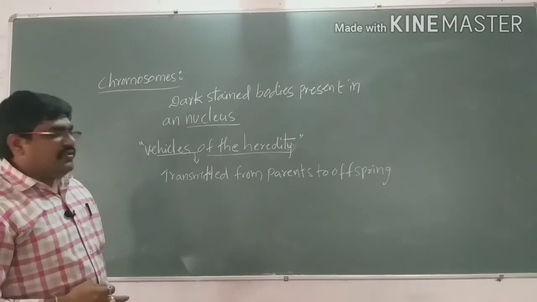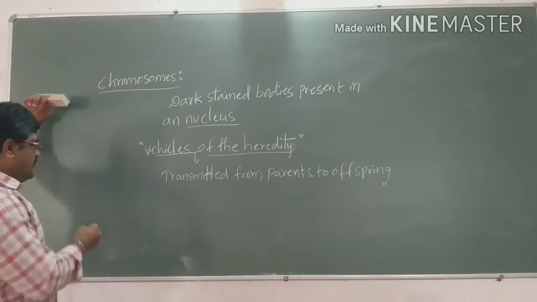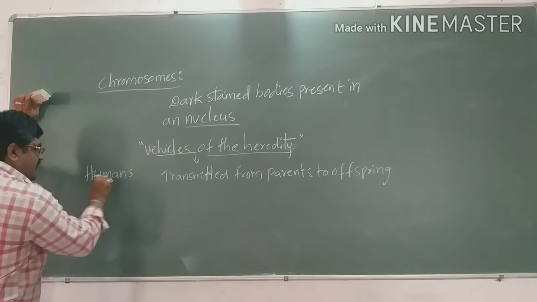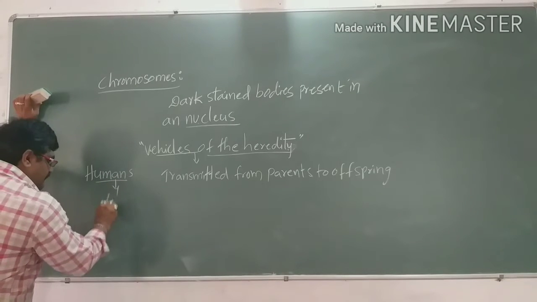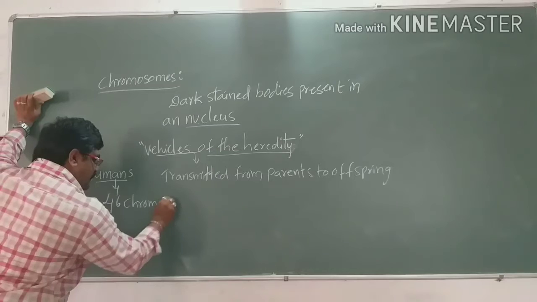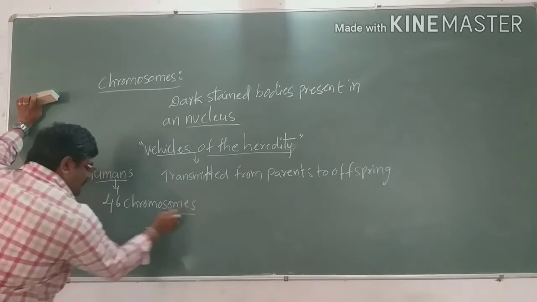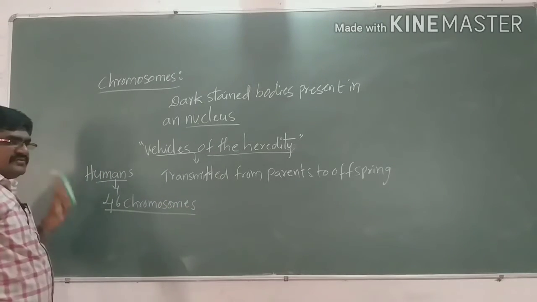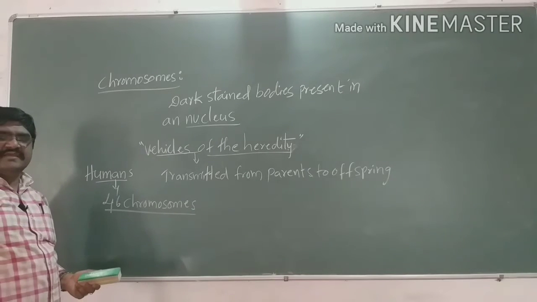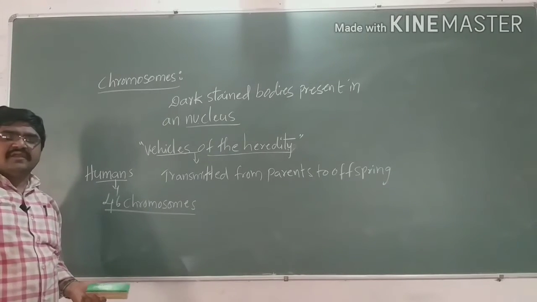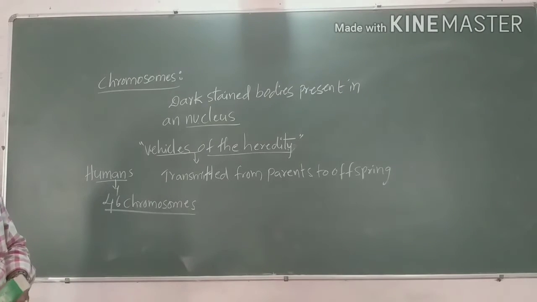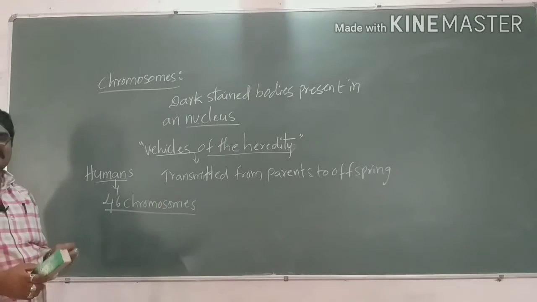In humans there are 46 chromosomes, and each organism has its own different number of chromosomes. Onions have 16 chromosomes.